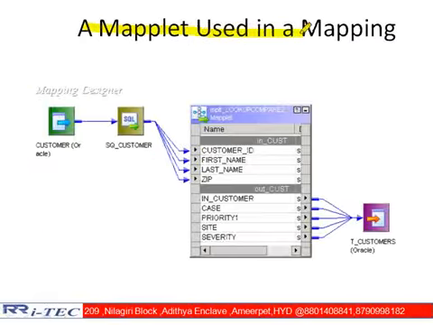A maplet used inside a mapping, how does it look? See here what they are trying to do. Customer information is coming in, and they are giving customer ID, first name, last name and zip. This is the input. Inside the maplet, they may be doing some logic of their own. They access your input as a customer and try to get the case name.